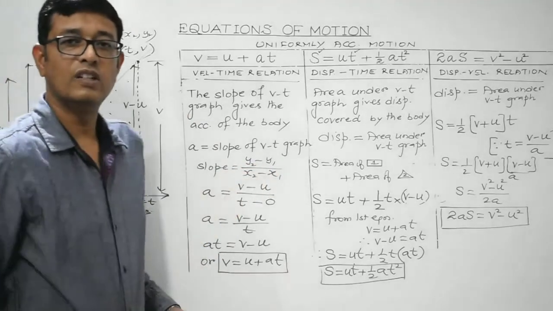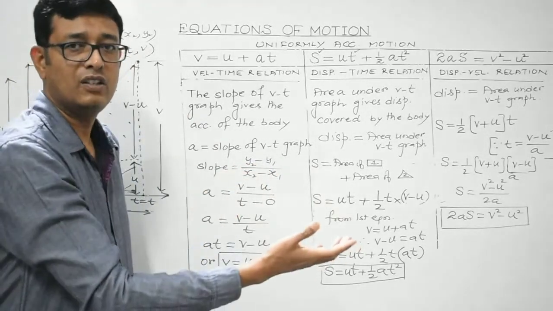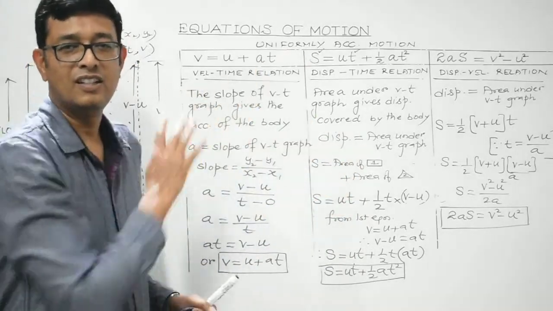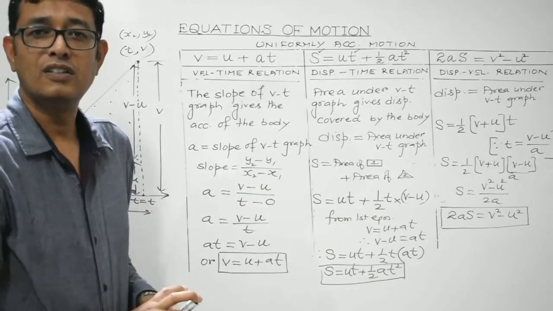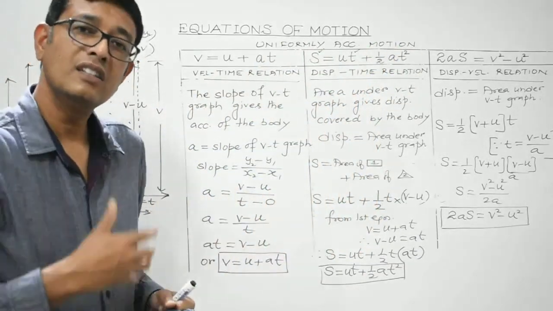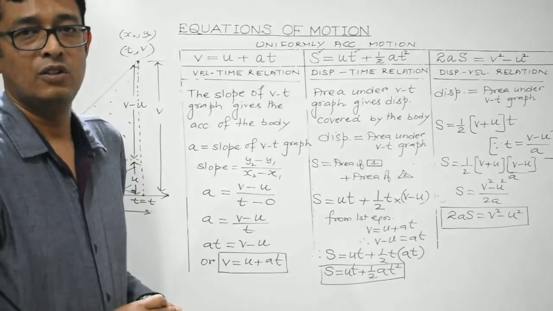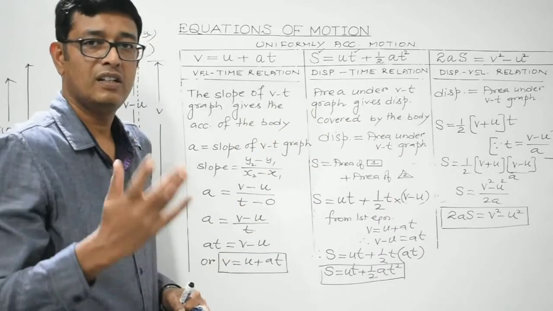So this is how, students, all the three equations of motion can be easily derived, either graphically or mathematically, as was done previously. So I hope you have understood this very important relationship, right? These all three equations are collectively known as equations of motion. So we will discuss the applications of these equations in the next topic.